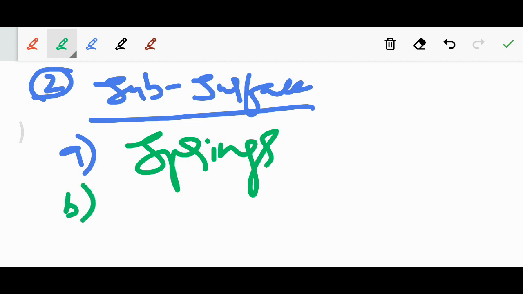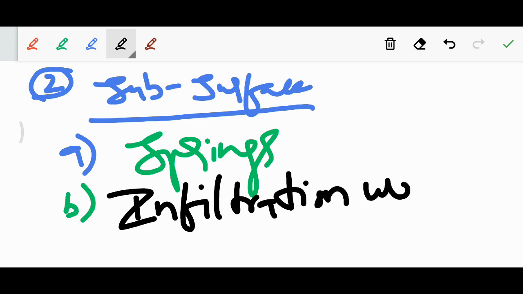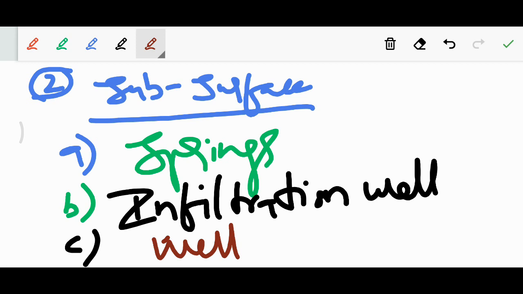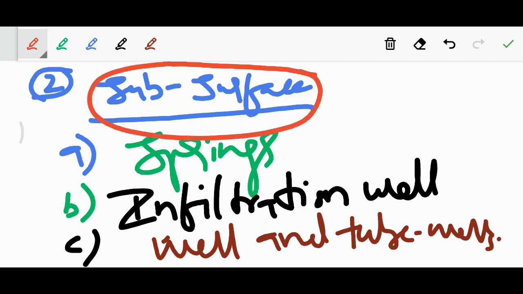The B will be infiltration wells, and the third one will be wells and tube wells, which are man-made, right? We have to construct tube wells and wells. So these come under subsurface, right?